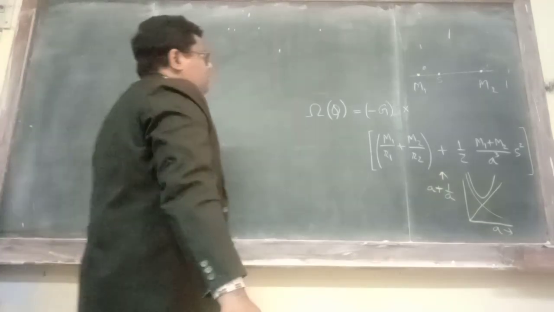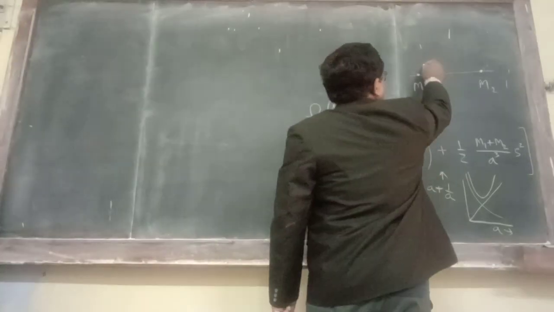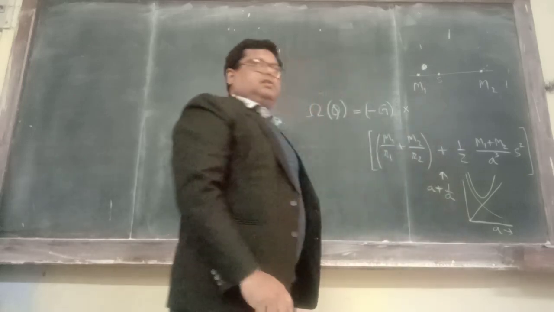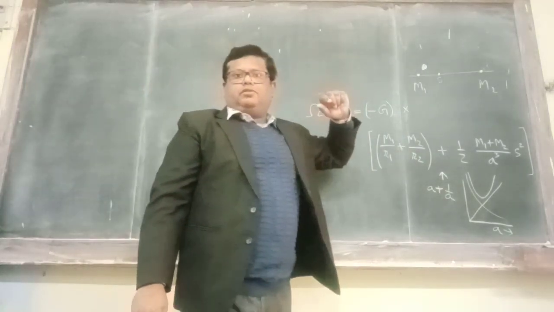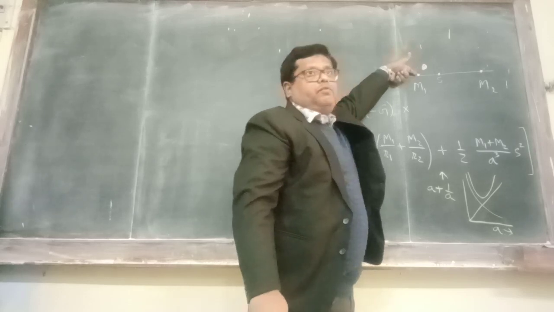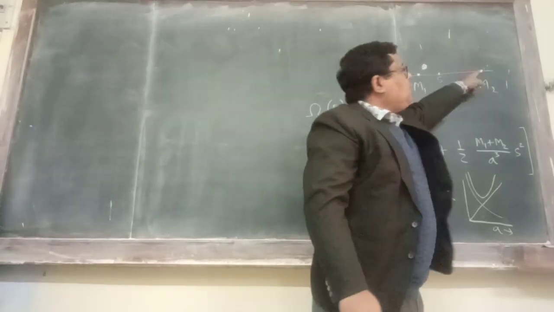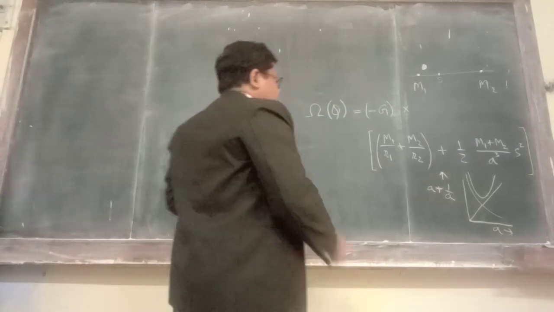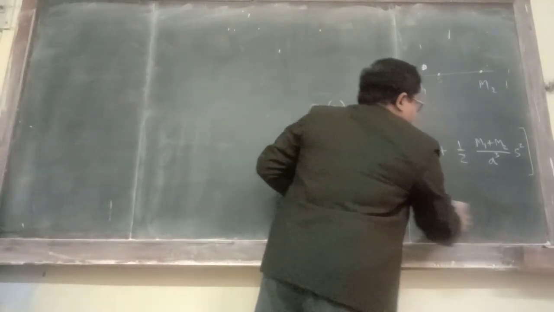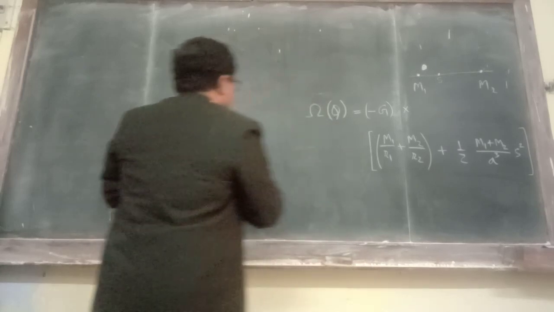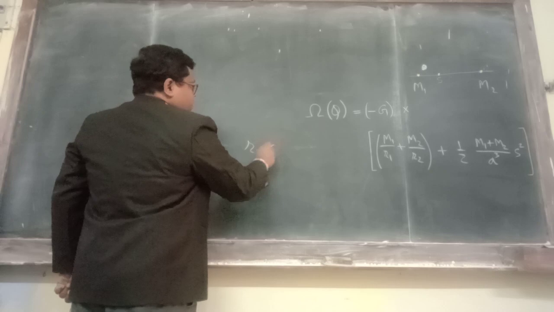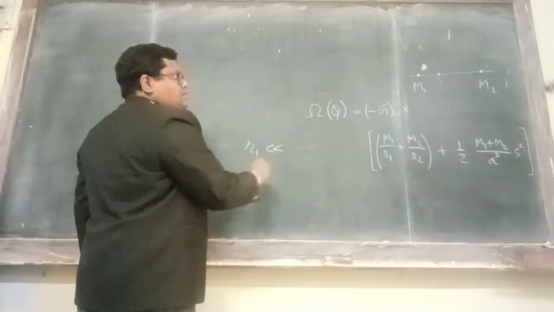Okay, so let us consider a point here. What is so special about this point? You see, this point is very close to M1 but very far from M2. So effectively I am choosing R1 much less than R2.